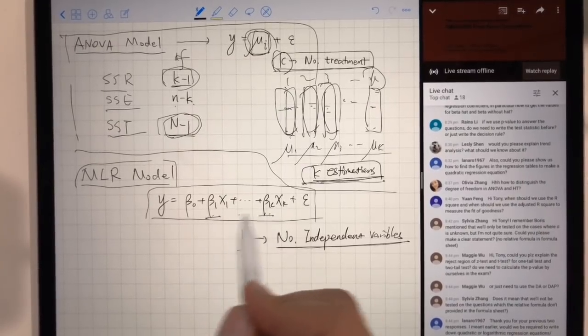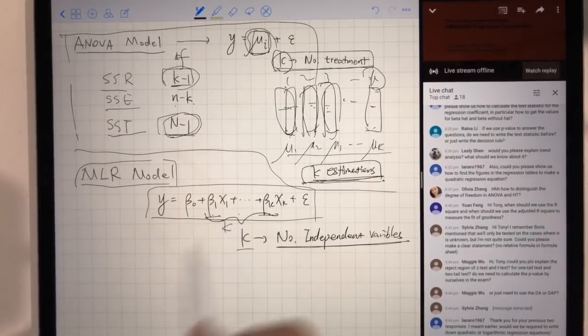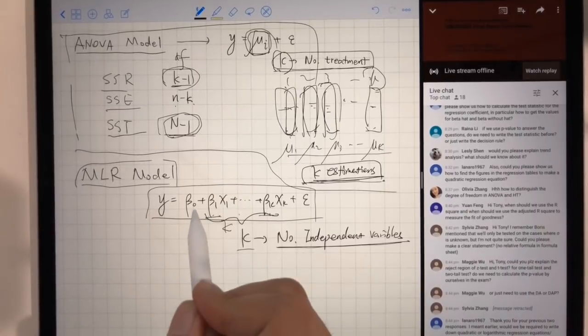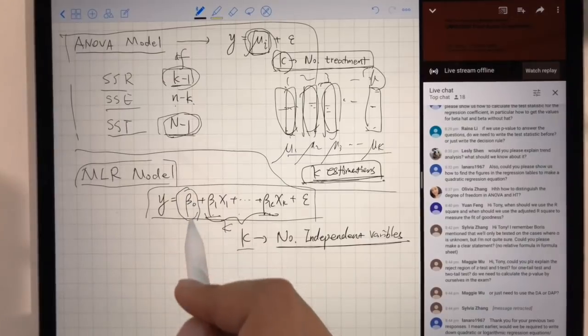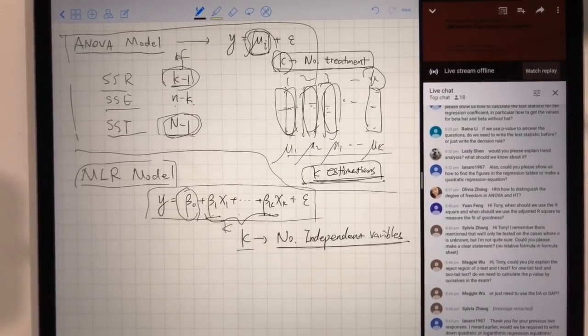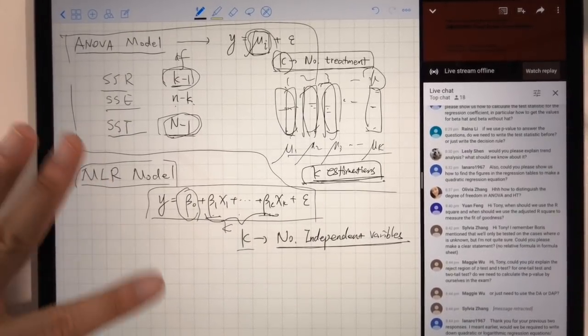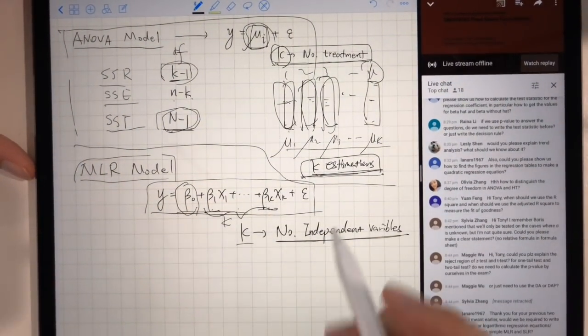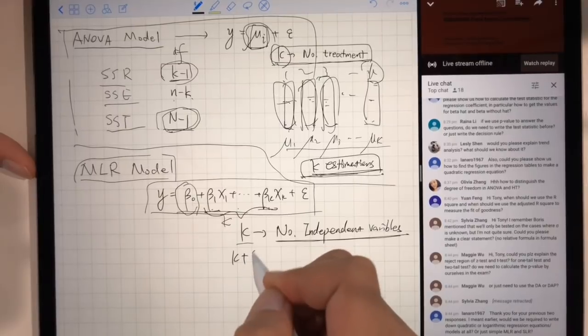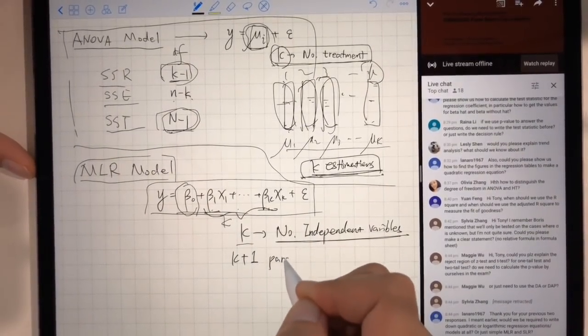From beta 1 to beta k, here we have k estimations, right? But don't forget, we have an intercept term, which is beta 0. Beta 0 is also something that we want to estimate. Therefore, in total, we have k plus 1 parameters to estimate, right?